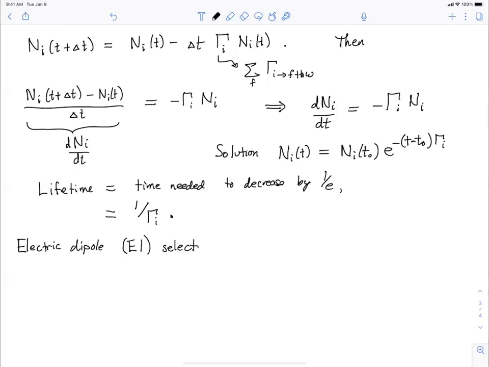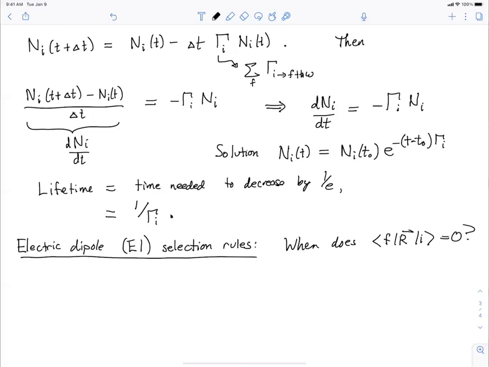So there are selection rules that tell you when it vanishes. What we're really asking here is, when does this matrix element vanish? Because if it does, we don't have to compute.